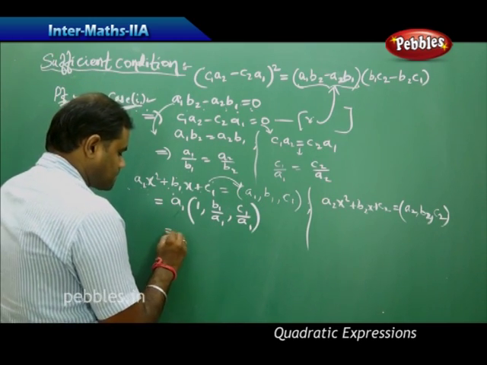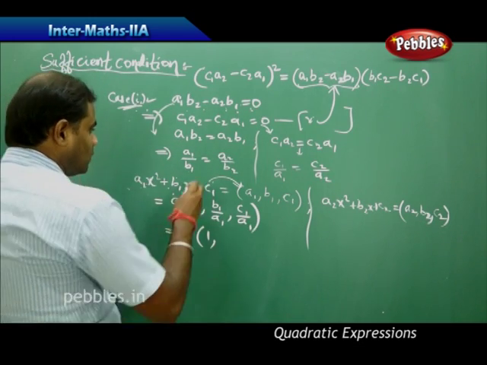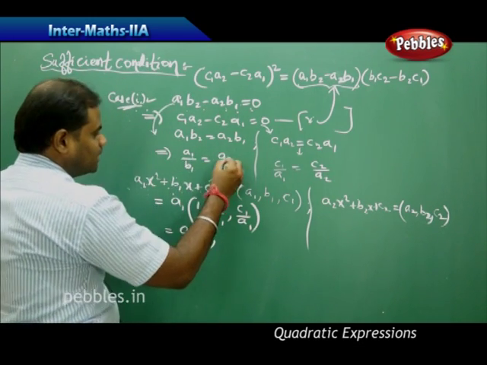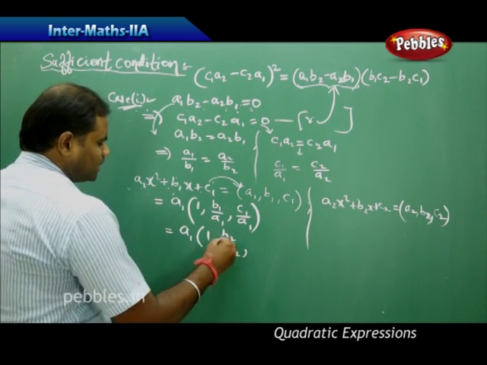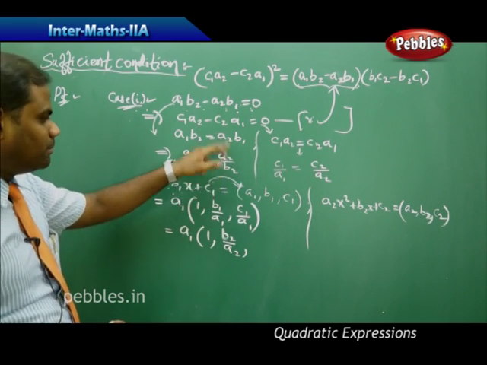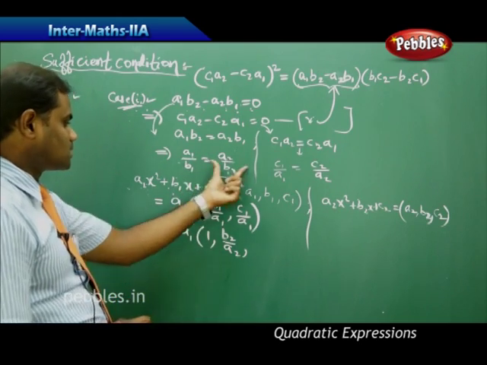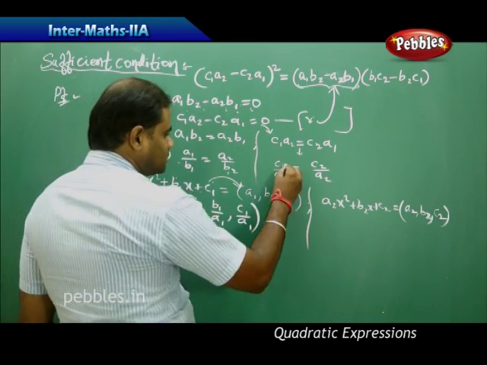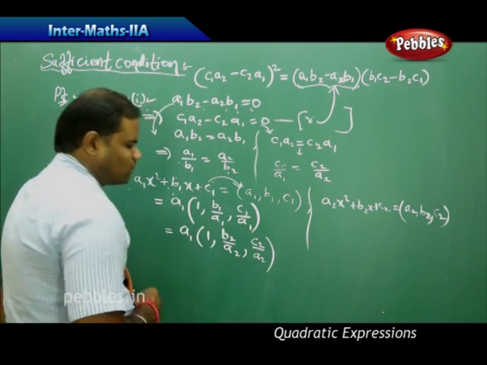Now here, I get B1 by A1, which we have as B2 by A2, because A1 by B1 is A2 by B2. Therefore B2 by A2 is B1 by A1, substituted using this condition. Similarly, my C1 by A1 is C2 by A2, which comes out in this form.